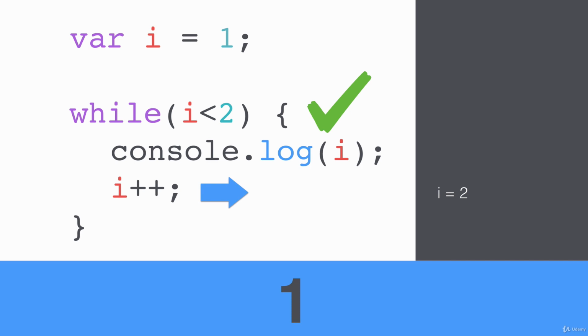So now, after this loop is completed, then the code jumps back to the beginning of the while loop and it evaluates that condition again. So is I still less than 2? Well, 2 is not less than 2. 2 is equal to 2, right? So this is now false. And that means that this while loop will stop and it will skip the loop and go to the next line of code below. So this is how a while loop works.